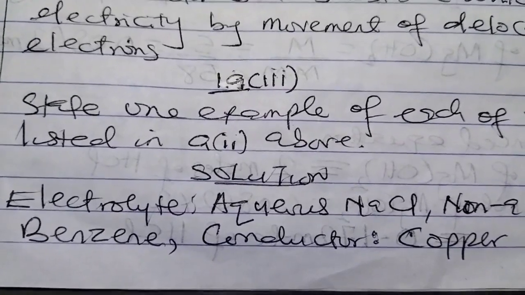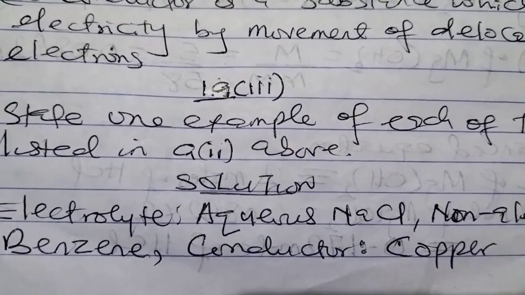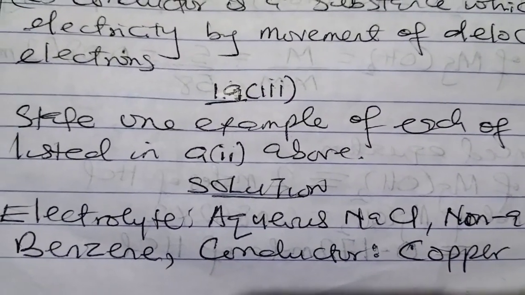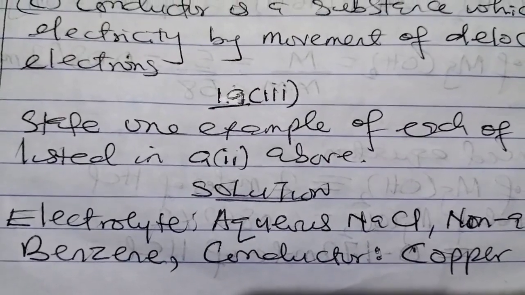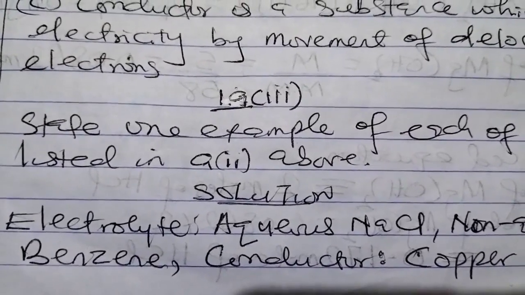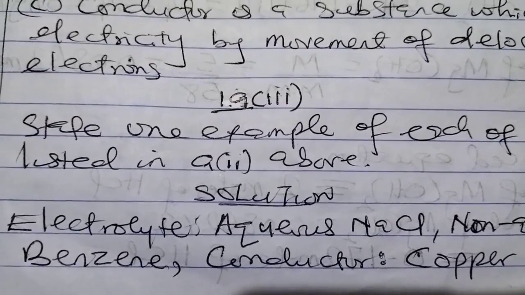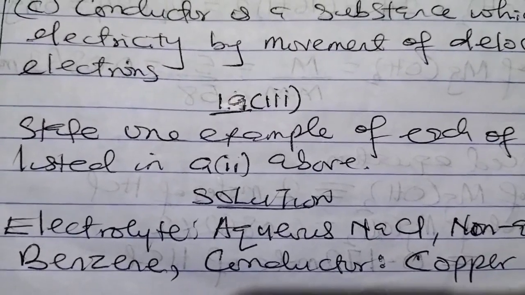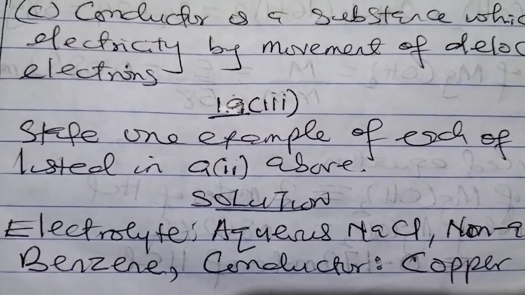You don't mention only sodium chloride. Either you say aqueous sodium chloride or you say sodium chloride solution. Because other examples could include potassium chloride solution or aqueous potassium chloride. Another example can also be hydrochloric acid solution, tetraoxosulfate 6 acid solution, sodium hydroxide solution, potassium hydroxide solution.